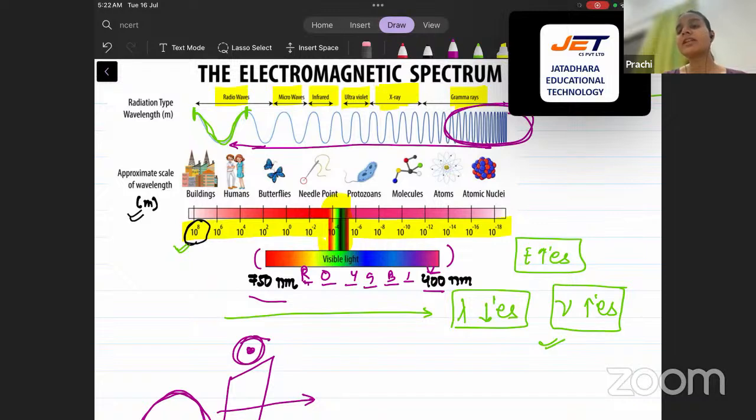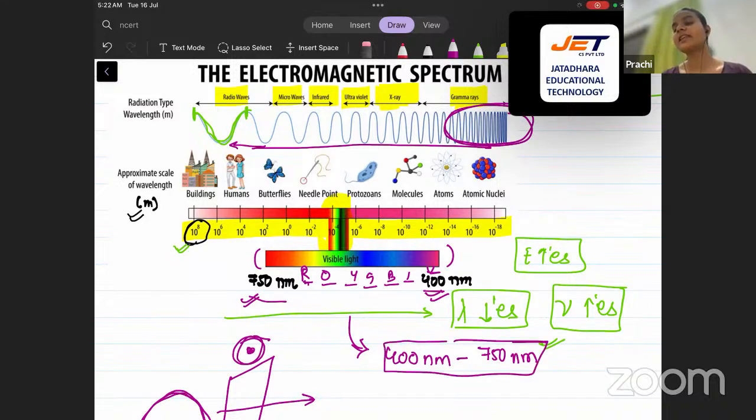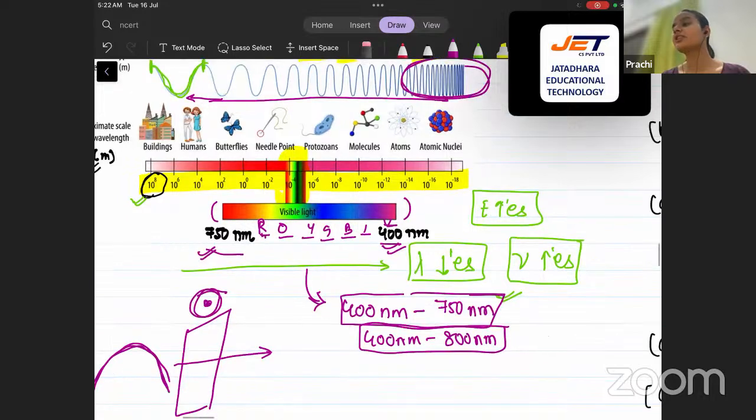In nanometer, the range of the visible part, that is VIBGYOR, is from 400 nanometer to 750 nanometer. Or roughly they can say 400 nanometer to 800 nanometer. And how is nanometer related to meter?